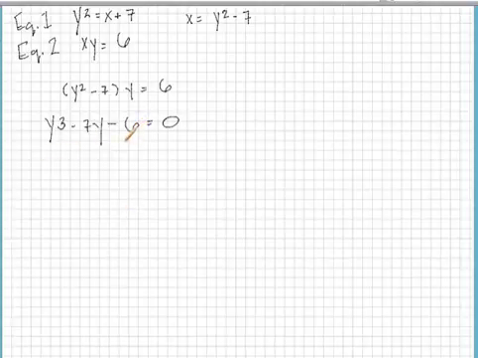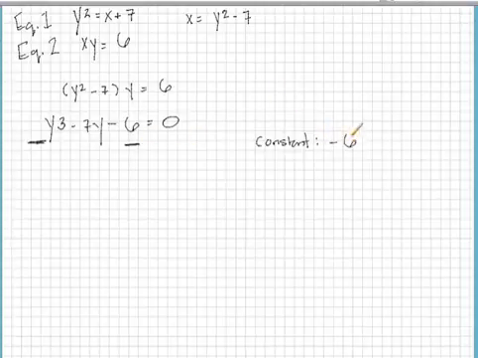We are going to find all factors of the constant term, the non-y term, and all factors of the leading coefficient, that is the number in front of the cube term. The constant in this case would be negative 6, and the leading coefficient, we'll call it the LC, is 1.